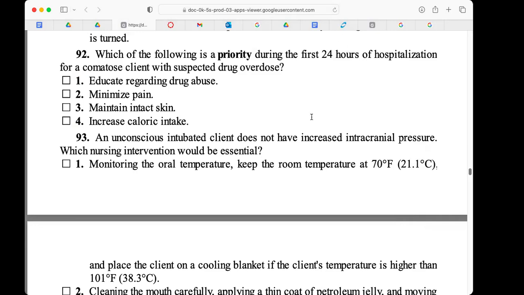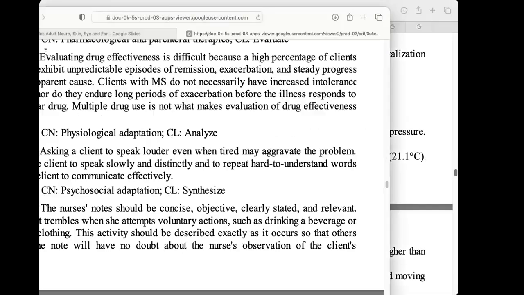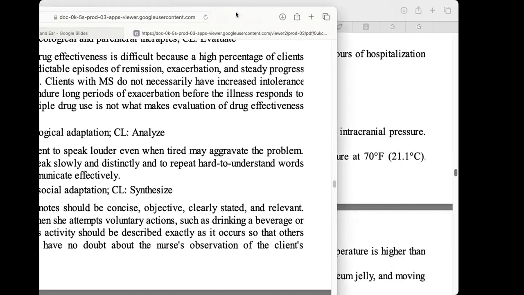Which of the following is a priority during the first 24 hours of hospitalization for a comatose client with suspected drug overdose? Oh no, did I hide it again?